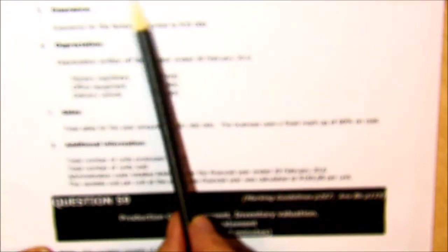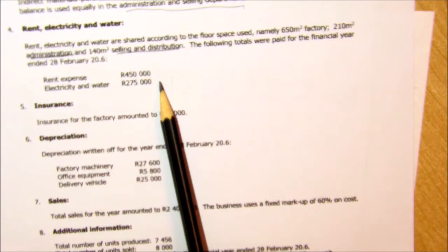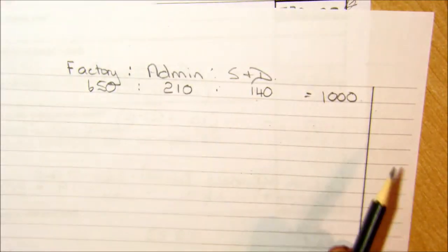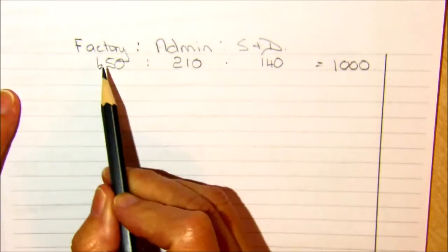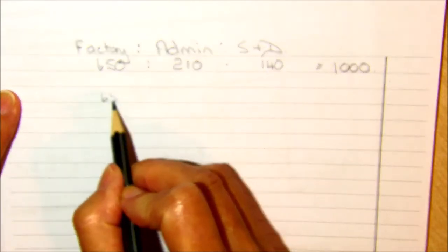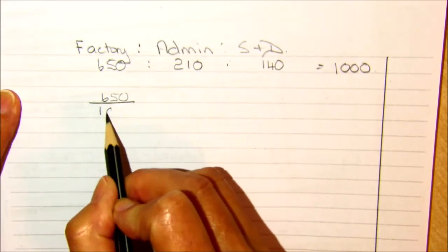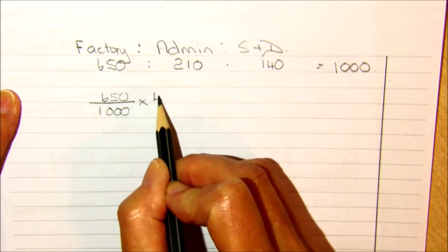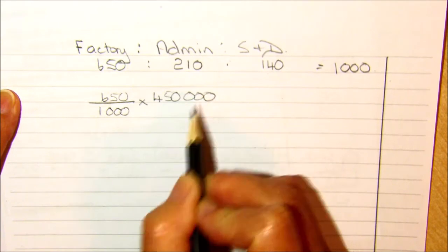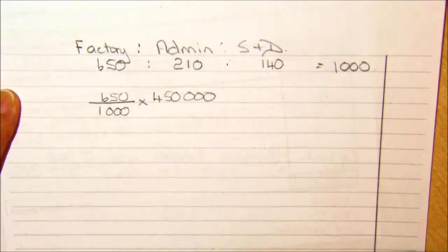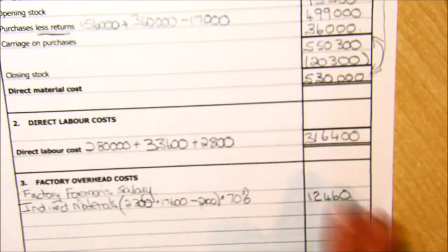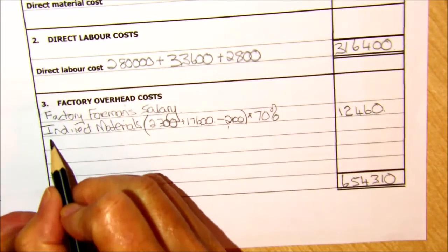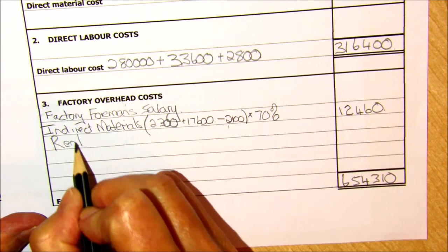Now the rent expense is 450,000. So the factory uses 650 of the 1,000 times the 450,000. You can either do it here, and remember, you show your workings, but I'm just trying to show you all this. Otherwise, we go into the factory overheads and put in our rent.